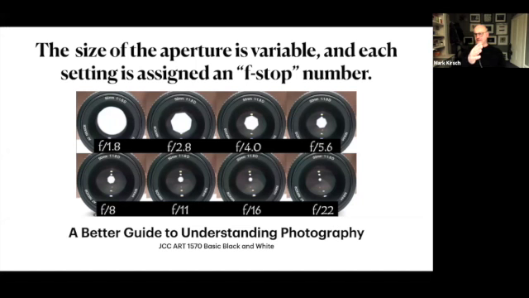On the other end, depending on the lens type, this single purpose 50 millimeter lens for this Nikon camera, the maximum aperture is 1.8, and it actually says it on the lens, 1.8.